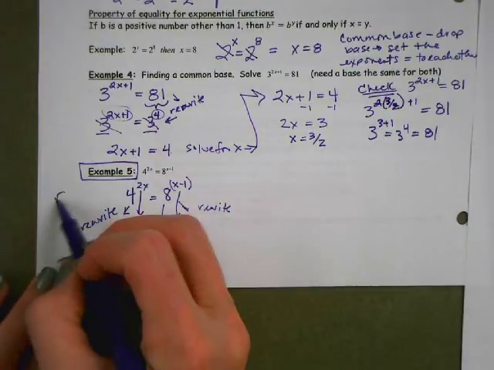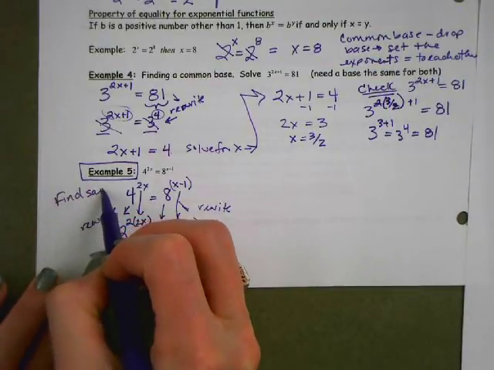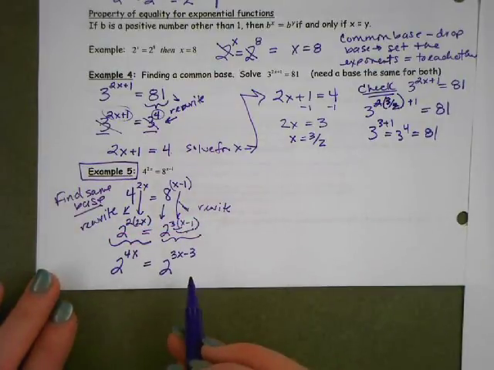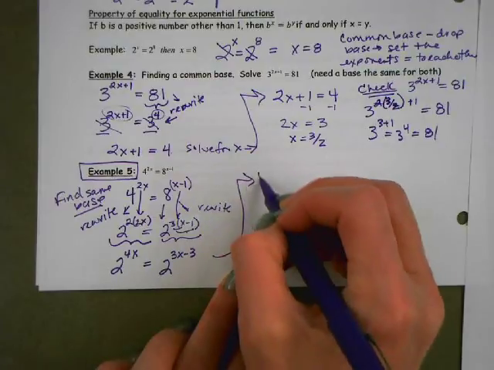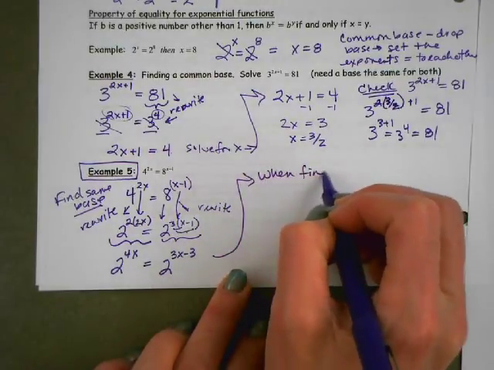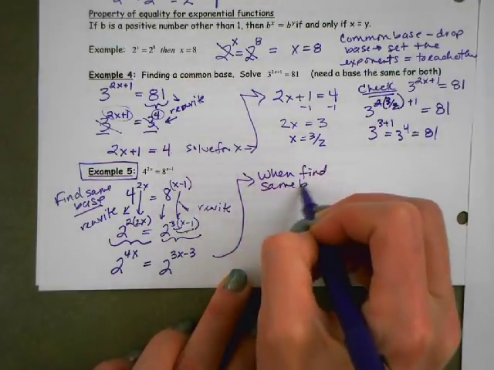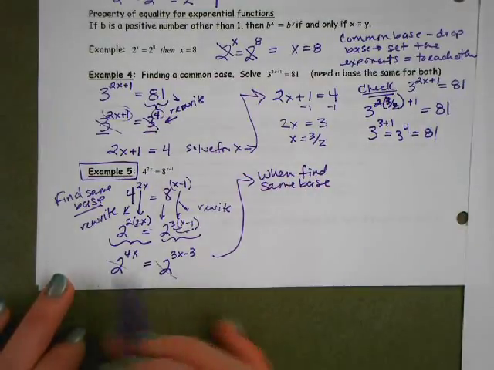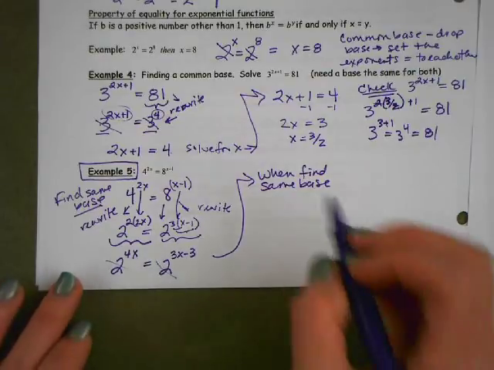Okay? So the first part was find the same base. Now that I have the same base, now I can just drop it. These can just go away because it's the same, and now I'm just going to work with the exponents.